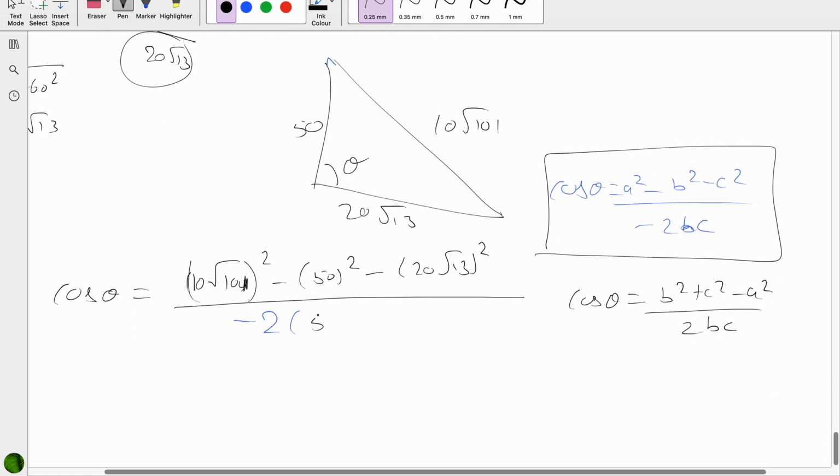So minus 2bc. Then we follow what the calculator has to say.